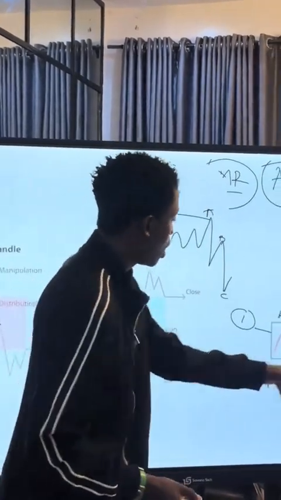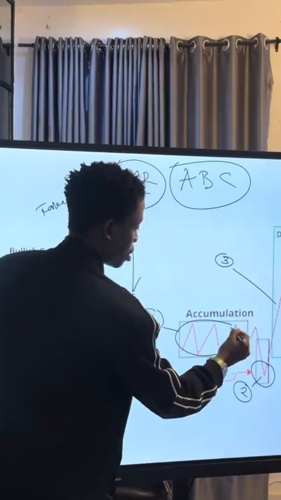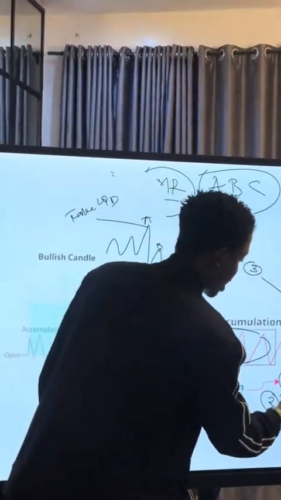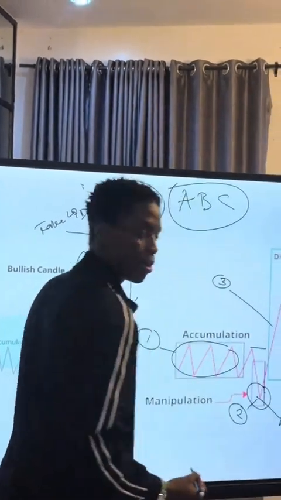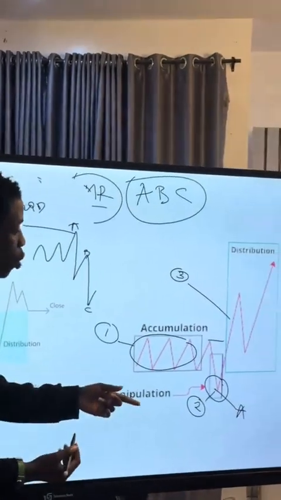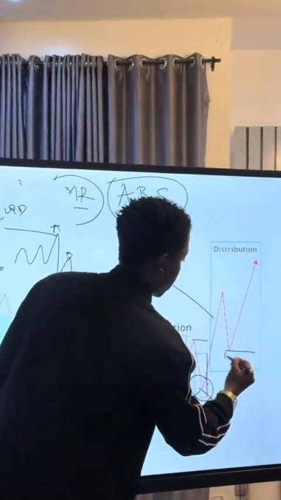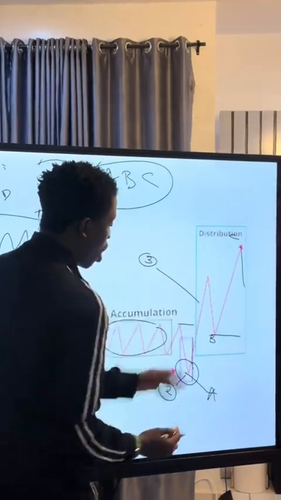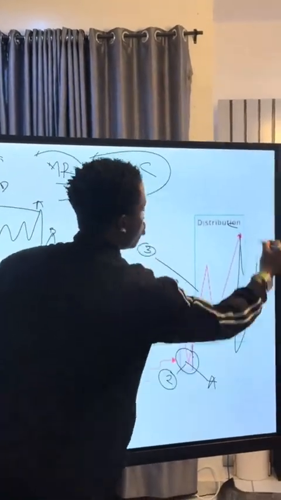Remember, if this is liquidity and this point takes liquidity and breaks structure, that makes this my A. So now I need a B. So a B is now what? This one. And my C is now right here. So I now get myself an entry right here.